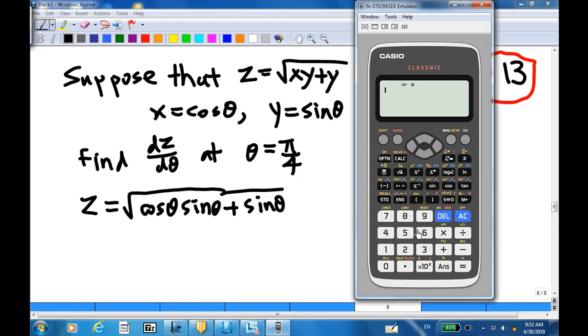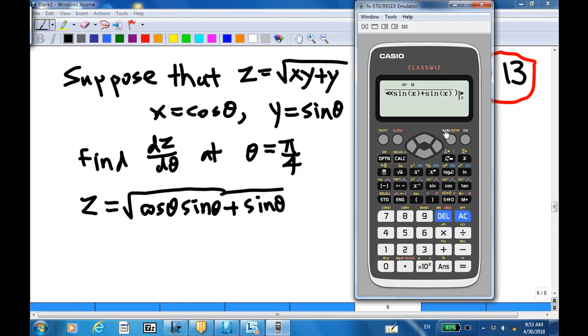Then I do a differentiation: shift, differentiation, and then enter the square root of cosine x, close bracket, times sine x, close bracket again, plus sine x, close the bracket.